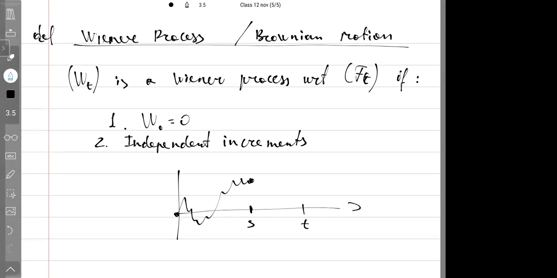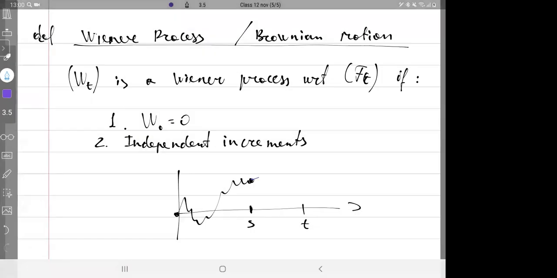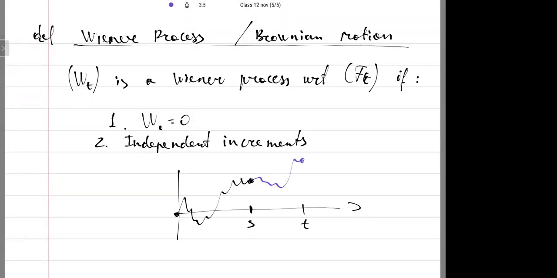The future is yet unknown to me, and this increment, Wt minus Ws, is independent. The future change is independent of what I know.